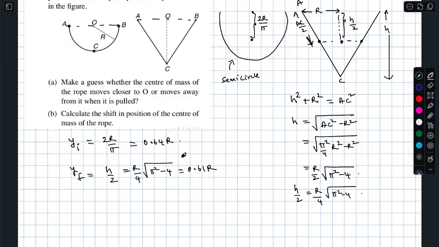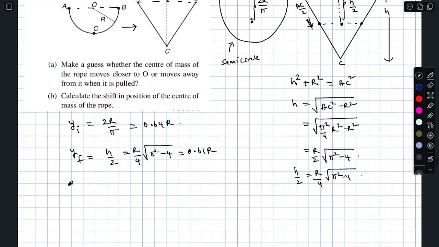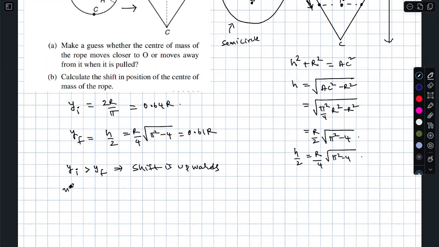Now you tell me, because of shifting from here to here, is the center of mass shifting up or down? So y initial is 0.64, y final is 0.61. So in fact, y initial is greater than y final, means shift is upwards. Right. Let m stand for mass of the system.